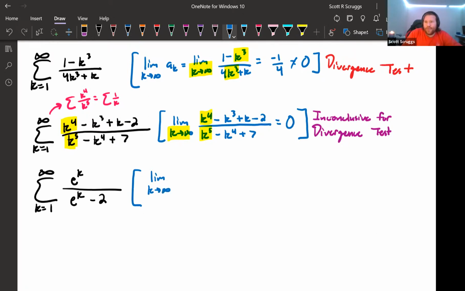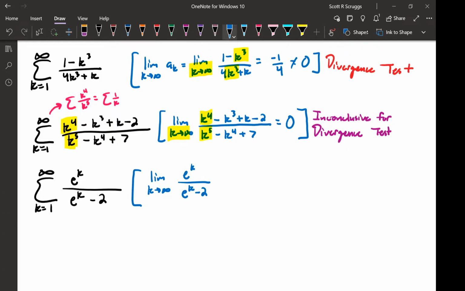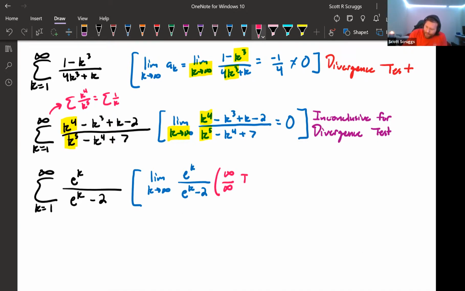Now let's move on to the third series. Unlike the first two, it doesn't look like a rational function here, but I can still use tools from Cal 1. In particular, I can use L'Hopital's rule here.